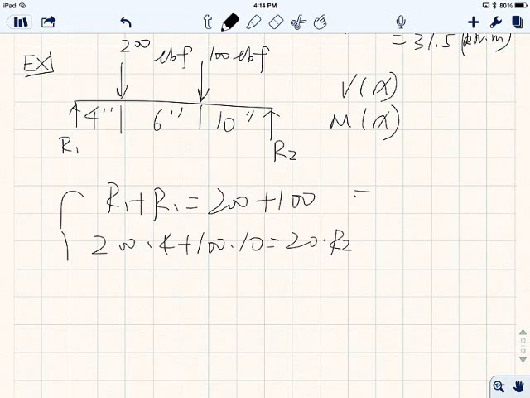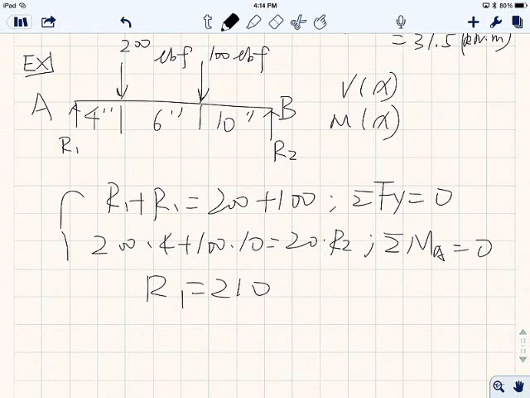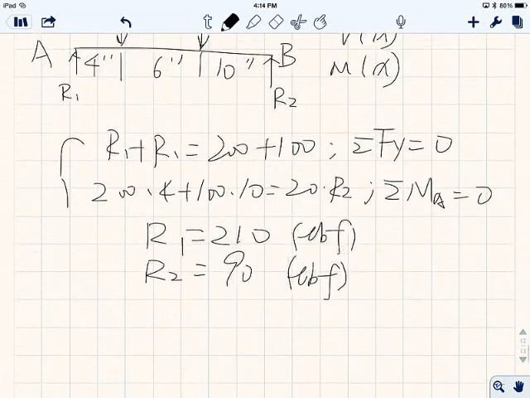This is because the summation of Fy is 0, and let's say this is point A, the summation of MA is 0. So R1 is 210, R2 is 90 pound force.